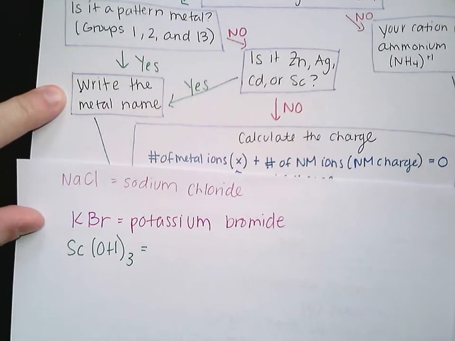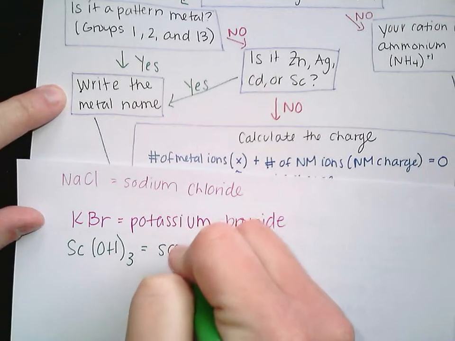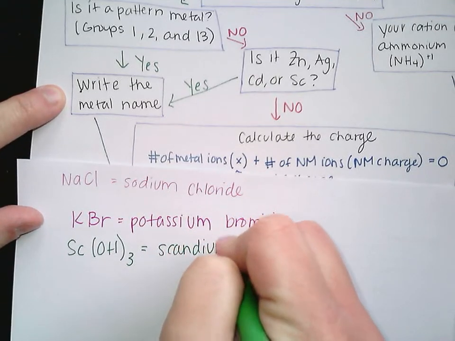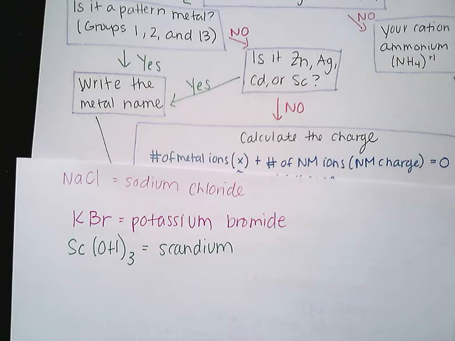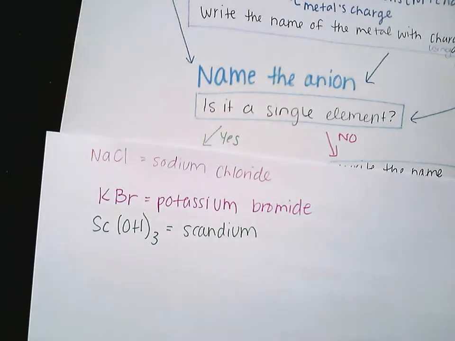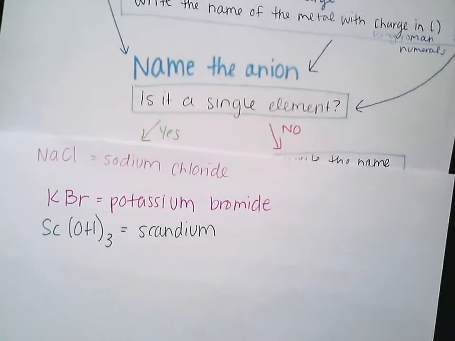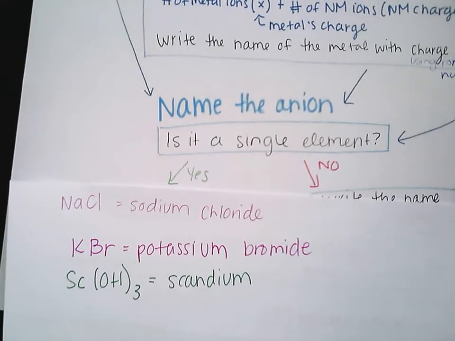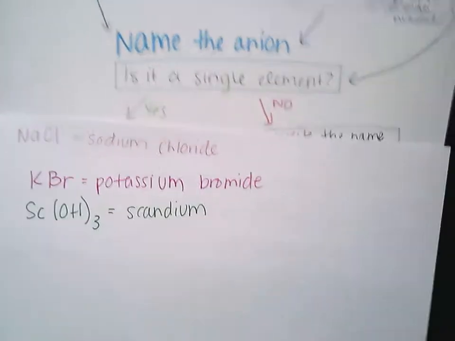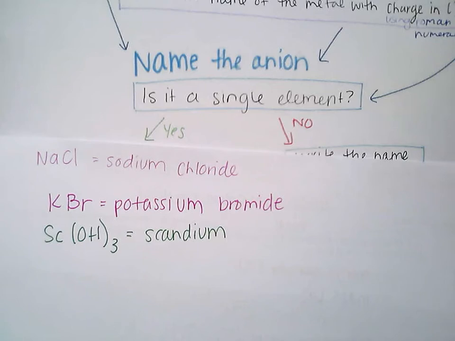Write the name of the metal. Then I'm going to go ahead and name my anion. So first question with my anion, is it a single element? OH, that's 2 capital letters, so that is a compound.